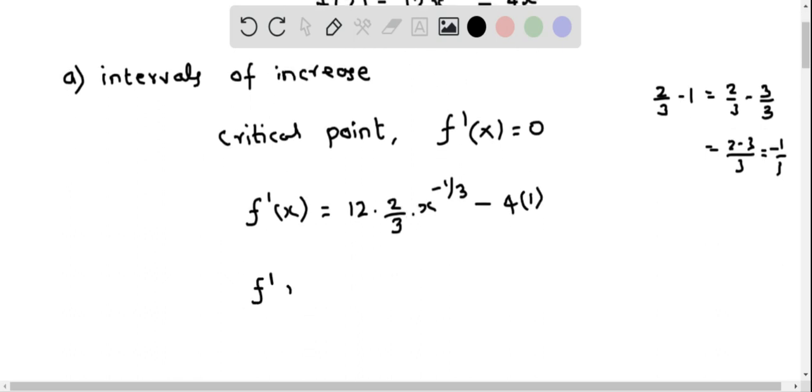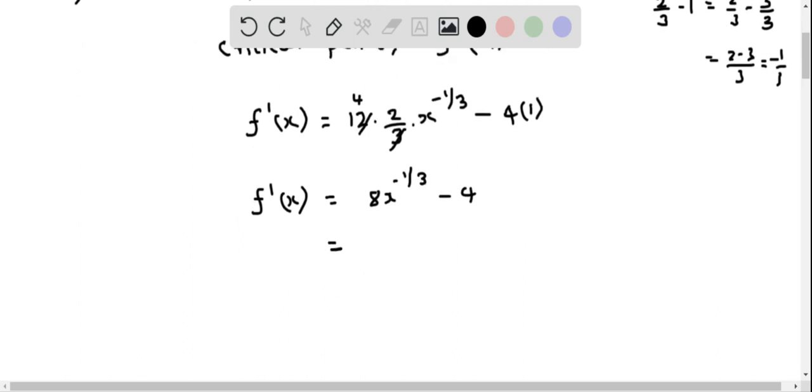We have f prime of x. This equals, we can reduce this to a simple fraction. 12 times 2/3: this goes 4 times, and 4 times 2 is 8. So we have 8x^(-1/3) minus 4, or this can be written in positive powers of x as 8 divided by x^(1/3) minus 4.